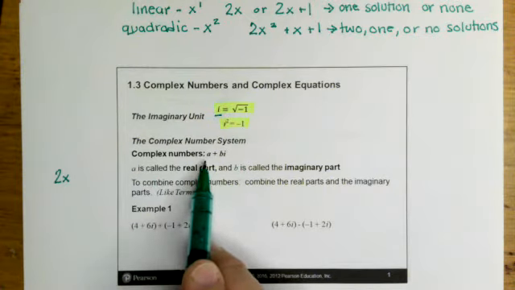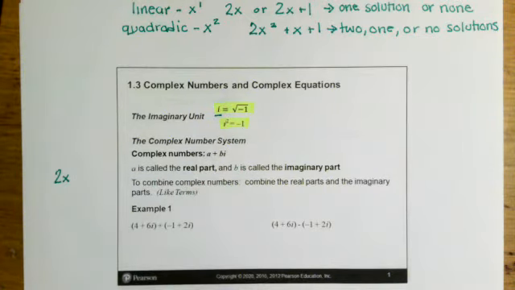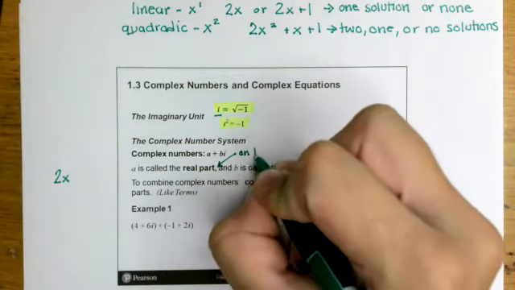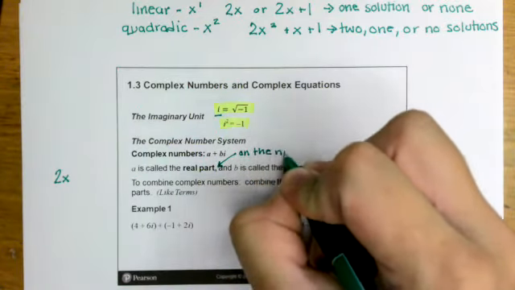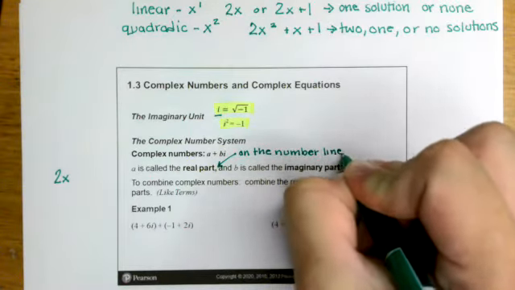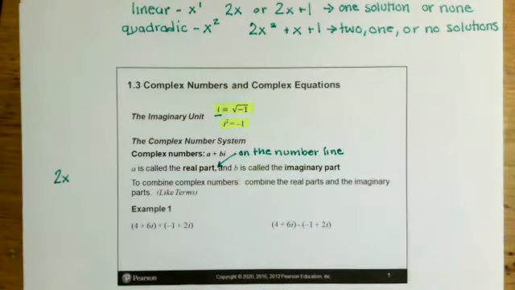The complex numbers are a plus bi. a is the real part, which means you can find it on the number line. It is a number on the number line. And bi will be the imaginary part of the complex number.